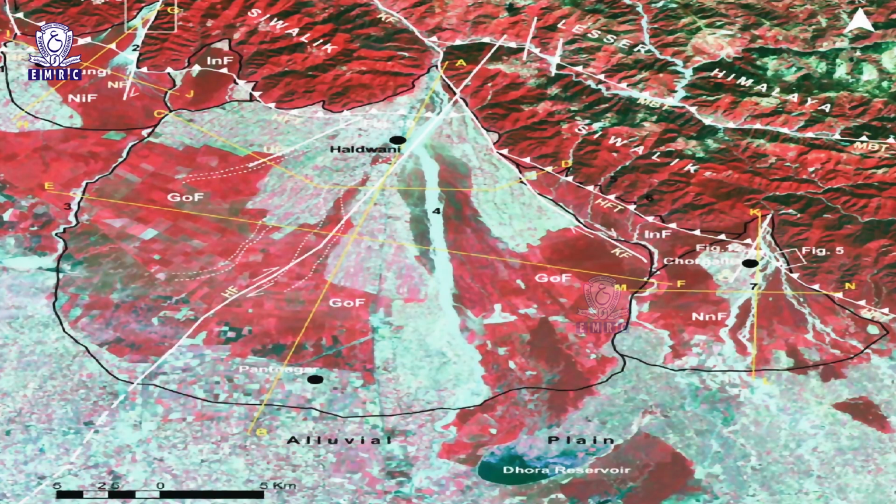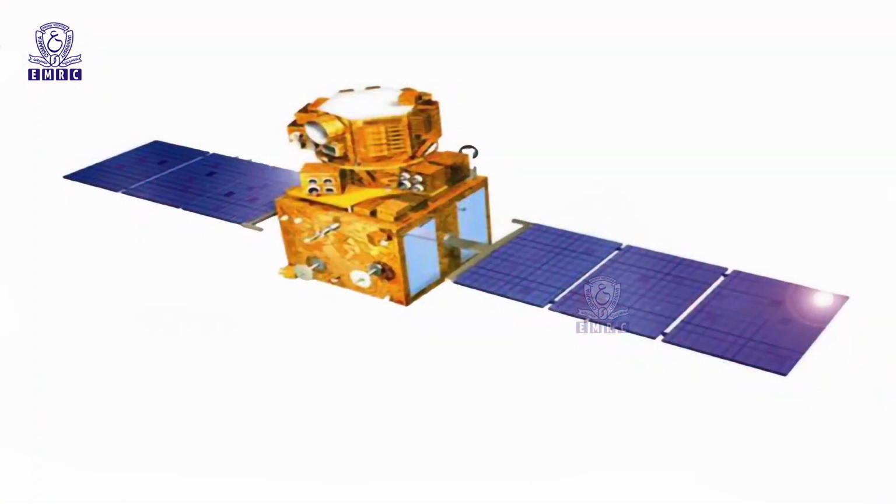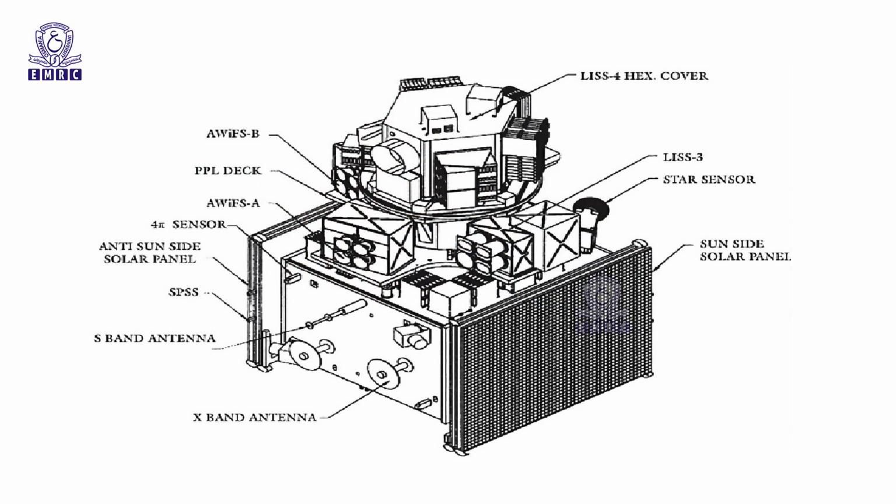The high resolution PAN and LISS3 merged data may be used together effectively for urban applications. Data from IRS P6 satellites with sensors on board, especially LISS4 mono and multispectral with 5.8 meters pixel spatial resolution, is very useful for intensive urban studies.